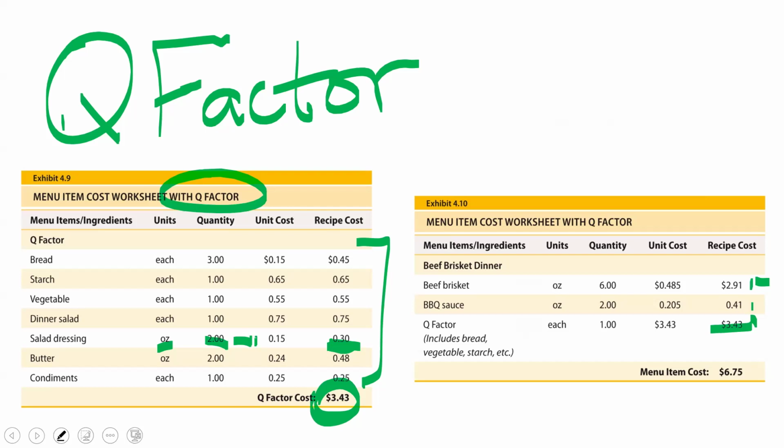See what's happening? If my cost is based on 3 ounces, but my standard portion is 2 ounces, every time somebody does not ask for extra salad dressing, I'm going to make a little bit extra money for that 1 extra ounce I'm charging for, right? But every time someone asks for extra dressing, it's covered by the fact that people are not asking for extra dressing. Does that make sense, or did I confuse y'all?